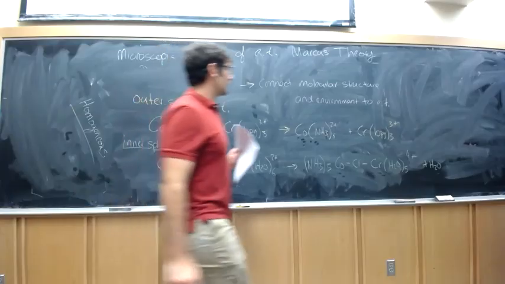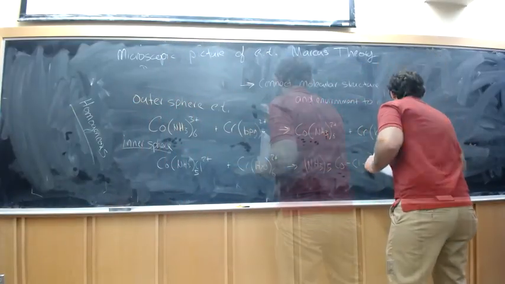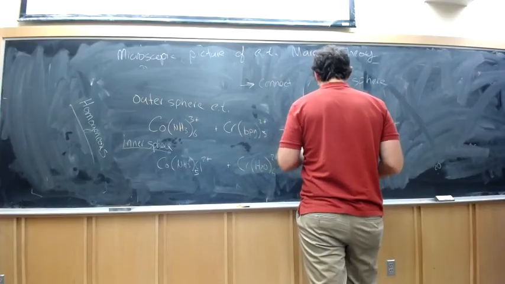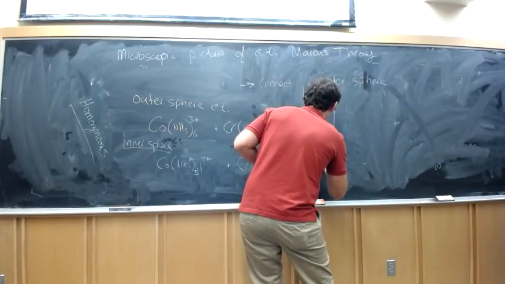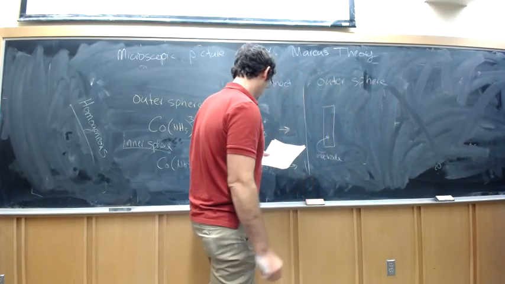And then we'll talk about heterogeneous electron transfer. We can use the same sort of nomenclature and have an outer sphere. So we have our electrode here.